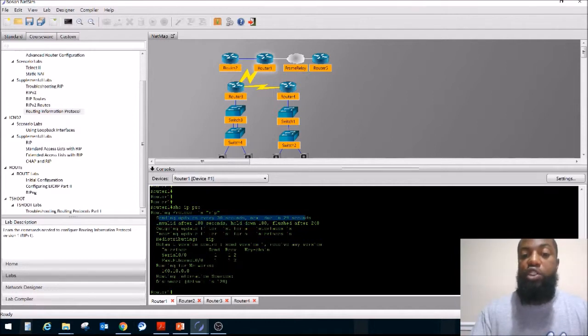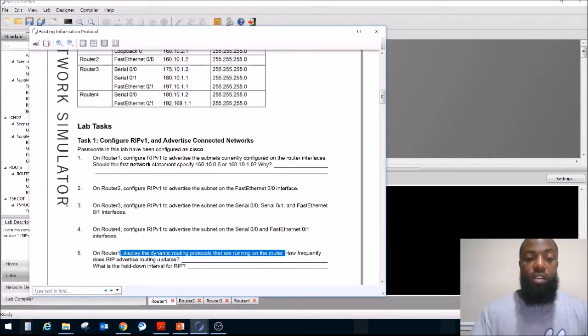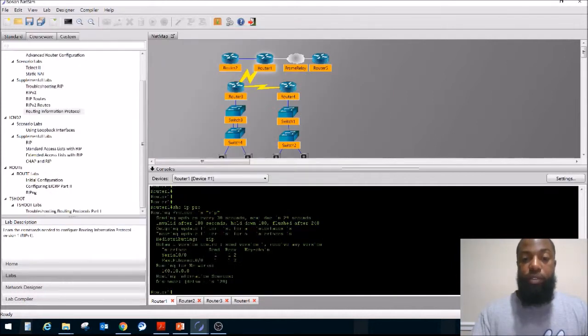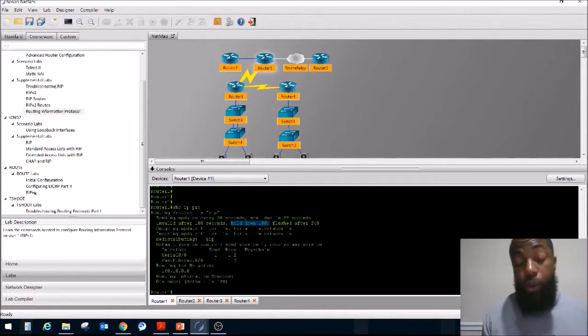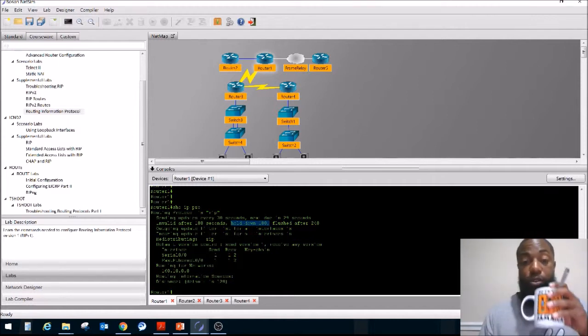Next update due in 29 seconds. That's the answer. What is the hold down interval for RIP? The hold down interval is right there. Hold down 180. That means if it hasn't heard from a specific RIP neighbor in 180 seconds, it will consider it dead and remove it from its routes.